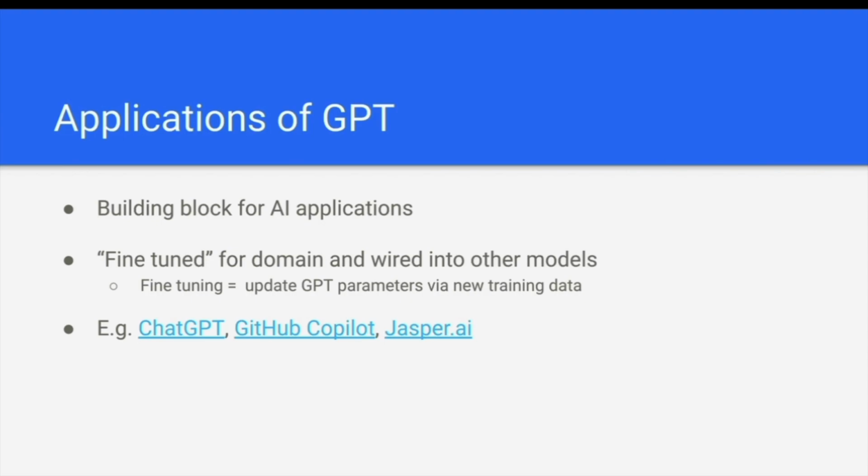And then Jasper AI, I'm not as familiar with, but it's a content creating API, and they're all built off of GPT models. In the case of ChatGPT, we'll talk about that a little more in a minute. They have fine-tuned it and they've also used it in concert with other models. And Copilot, I believe, is a fine-tuning of GPT and maybe some other layers on top of it. But GPT is the base model.